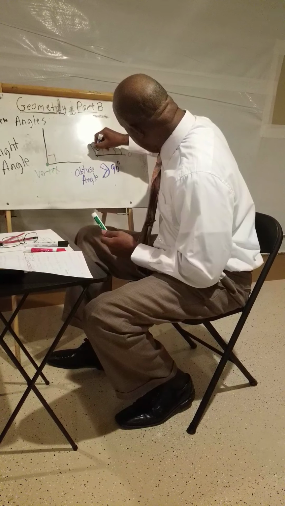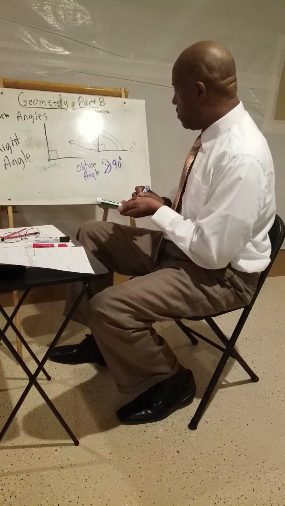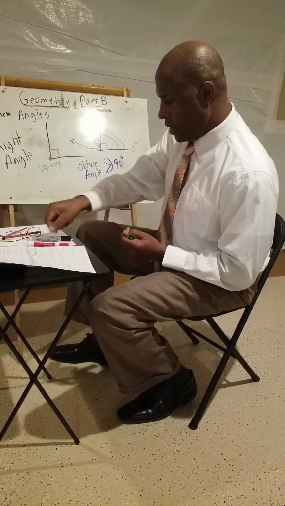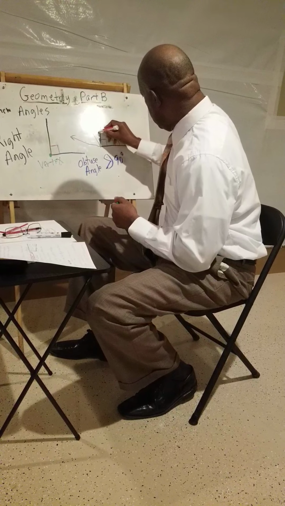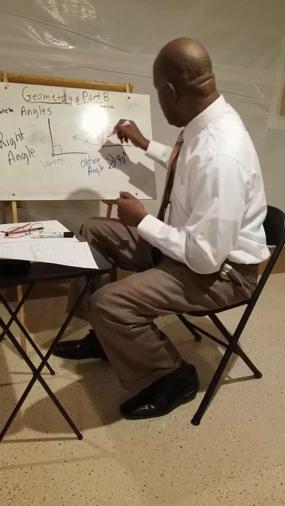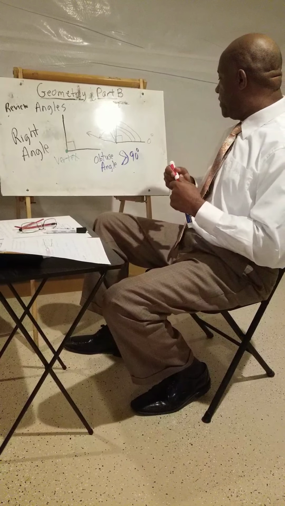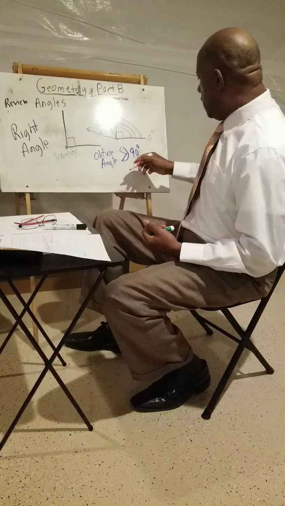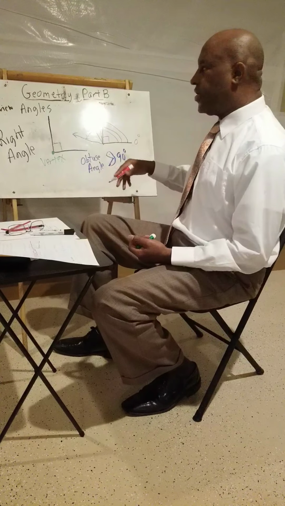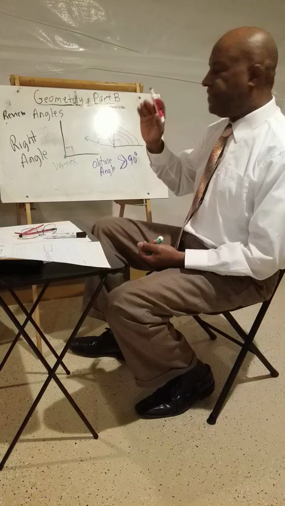I'm going to do one way down here. So this angle definitely is larger than 90 degrees. So an obtuse angle is greater than 90 degrees. That means 91, 92, 100, 103, 104, 150.